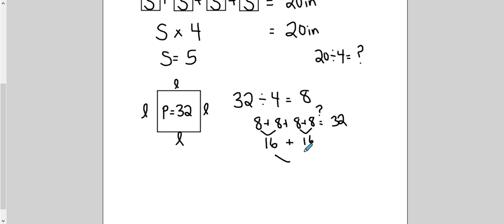When I add those up, I get 32, which is the same thing. So in this example, the length of one side is equal to 8, and then whatever your unit would be.